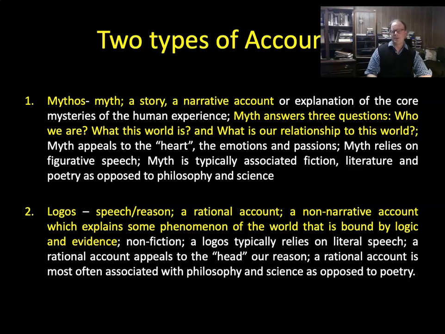So mythos is just a Greek word for myth, but what does the word myth or mythos literally mean? It literally just means a story, right? Which isn't typically how we think of it. In particular, that means mythos is a narrative account. It's an account that comes in the form of a story. A story and a narrative are just two words for pretty much the same thing. The key thing is an account is an explanation.